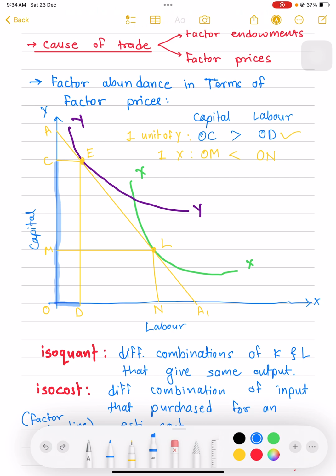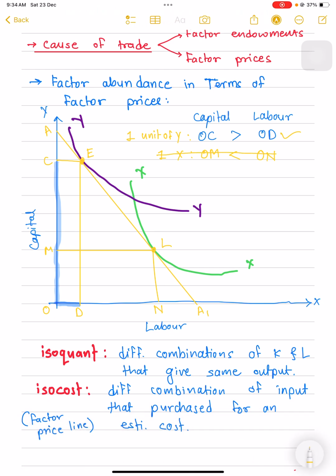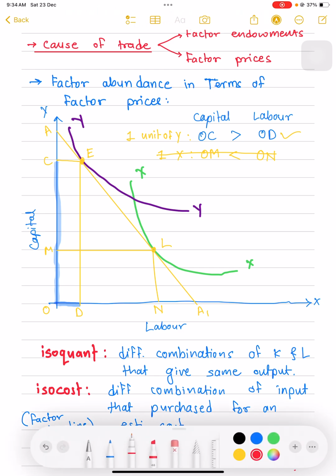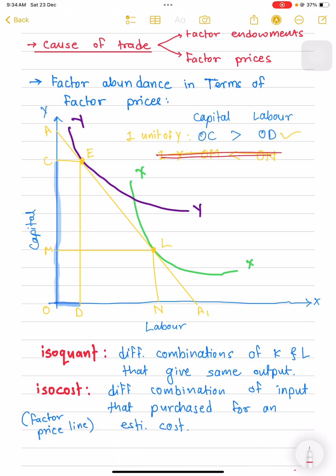Since in order to produce 1 unit of Y it uses more capital OC with OD labor at point E on the isoquant YY, hence country A will produce and export Y. They will not produce X. Why not?